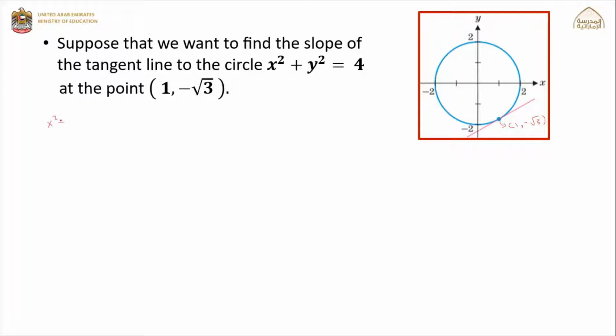The equation x squared plus y squared equal 4 is not a function, because if I take a vertical line, I will cut the curve 2 times, one here and one here.